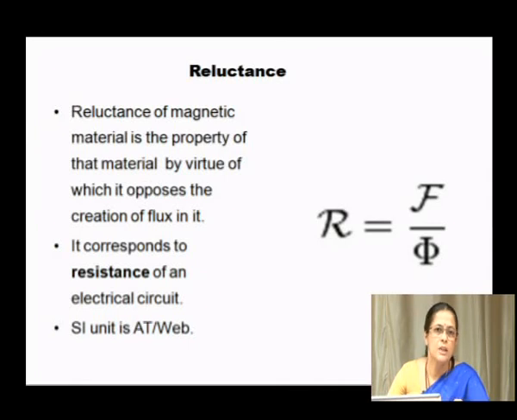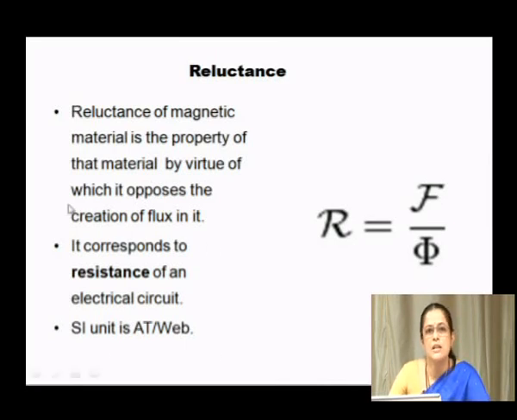Some magnetic materials may easily allow flux to be set up in them. Some may be a little more hesitant to allow creation of flux in them. So, it is a measure here.